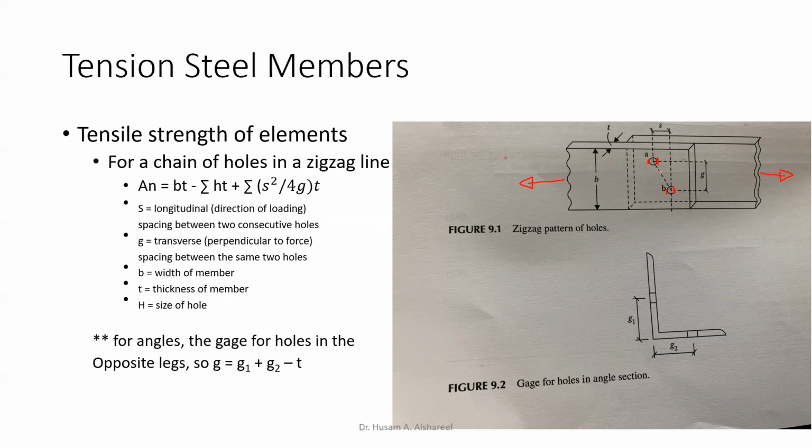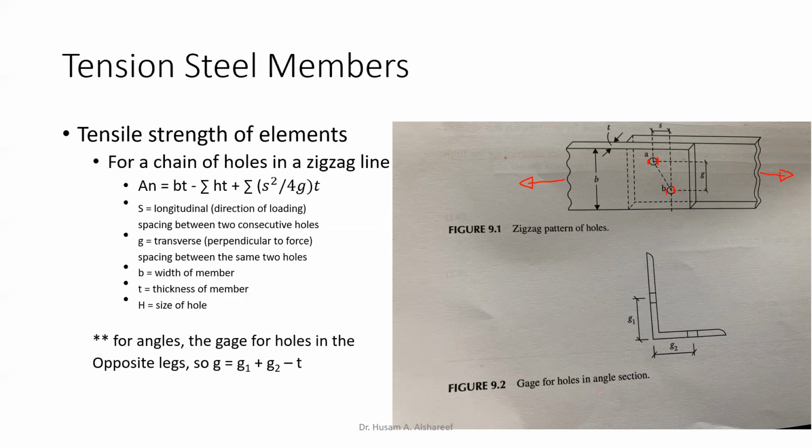And then you have G, which is the transverse direction, perpendicular to the forces, the distance between the two bolts. Remember, G and S are measured center to center. And then you have H here, which is the size of the hole.